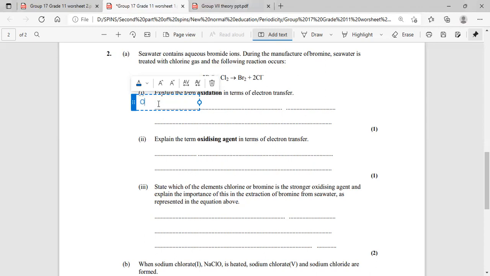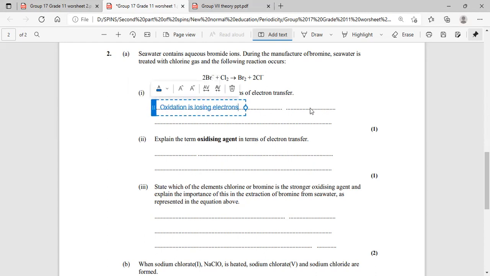Okay. Oxidation is gaining electron or losing electron? Losing. Okay. Losing electrons. That's correct. Thank you, Nikki.